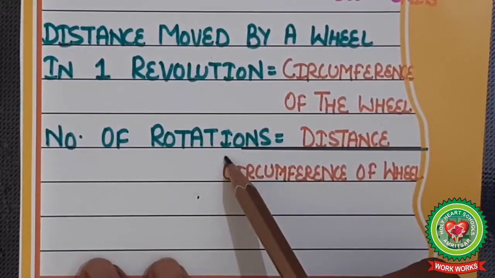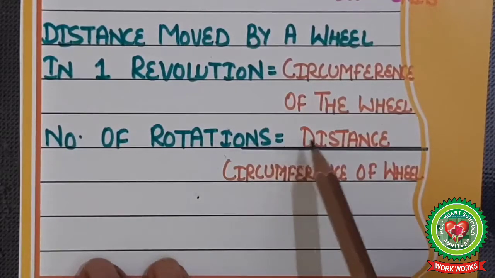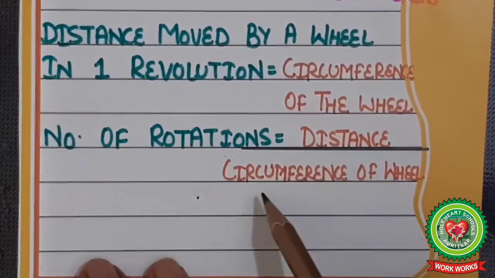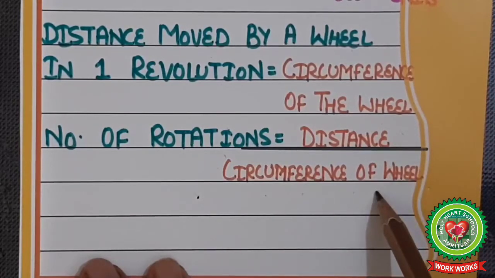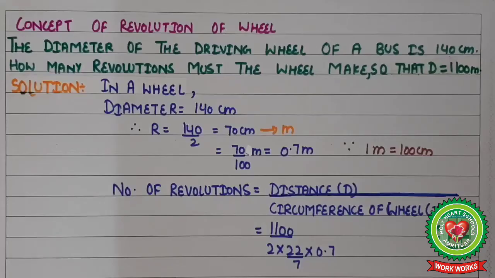Number of rotations made by a wheel is equals to distance upon circumference of the wheel, because wheel is of circle shape. So here formula will become distance upon 2 pi r. 2 pi r is the formula of circumference of the wheel.